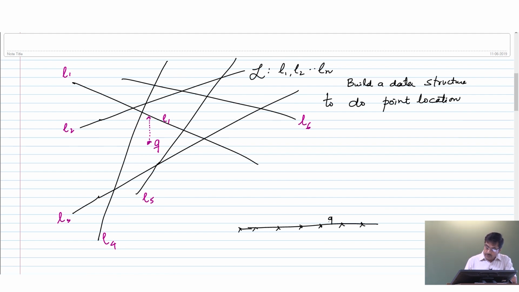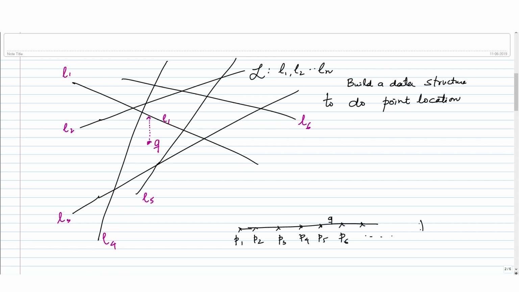Suppose my query point is here and these are my points P1, P2, P3, P4, P5, P6 and so on. Suppose I have some n points. Then the simplest thing would be to sort these points and report that Q lies between P5 and P6, and this you can do with a binary search, right.